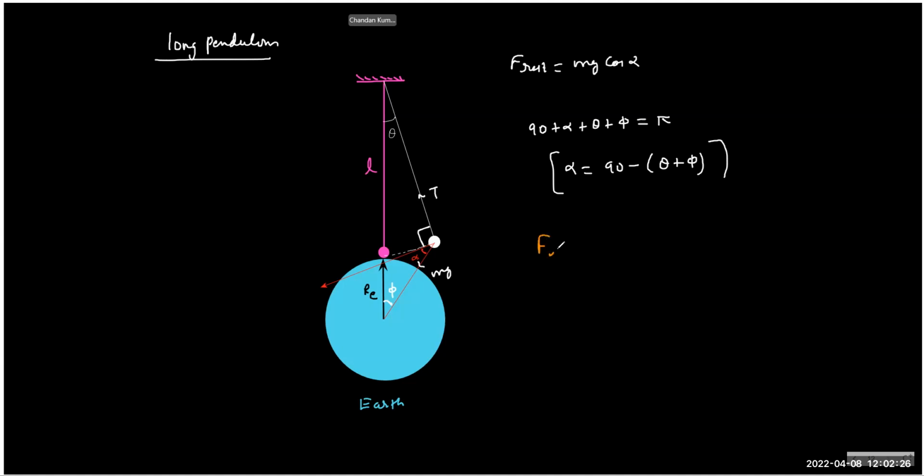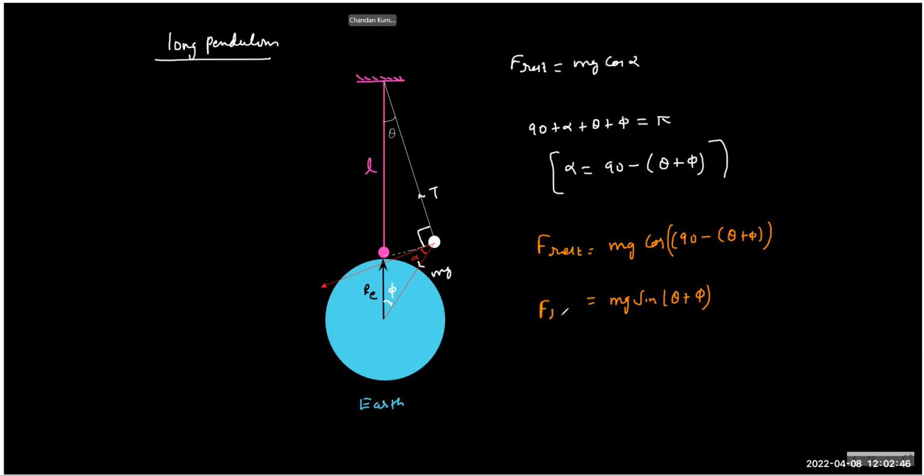So the restoring force is mg cos(90 minus (theta plus phi)), which equals mg sin(theta plus phi). This is the general answer, but as I said, we are only solving for the small angle.